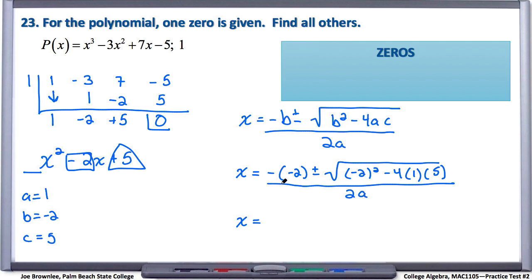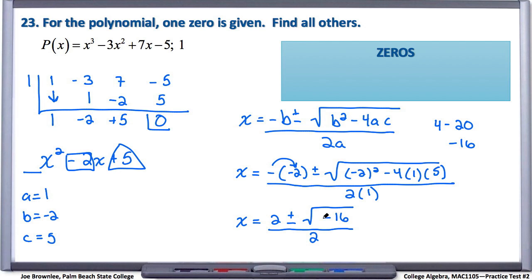This gives us x equals positive 2 when we distribute, plus and minus the square root of, well, let's see, negative 2 squared is positive 4, and then minus 4 times 1 times 5, which is 20, so 4 minus 20 is negative 16. So we end up with negative 16 under the radical, all over 2a, and oops, I forgot to fill in the a, didn't I? So a was 1. So 2 times 1 is 2.